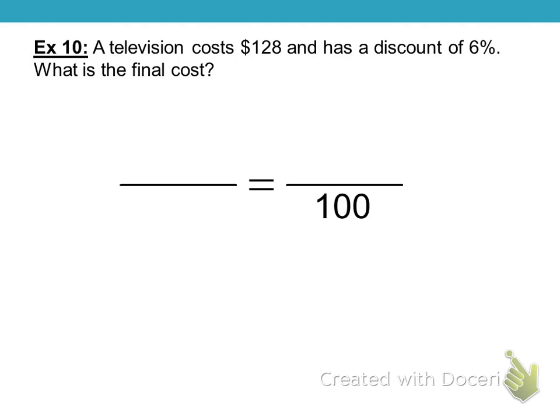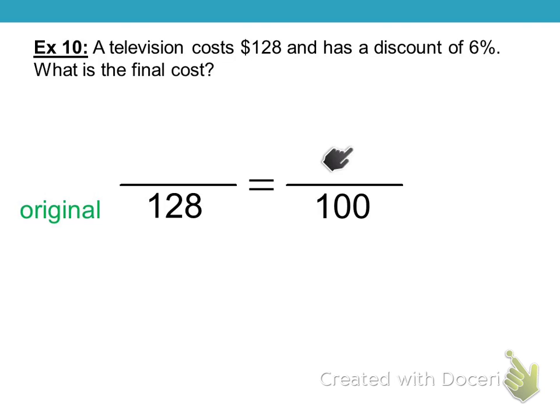Okay, so the original goes on the bottom. So what's going down there? 128. Okay, now I am asked to find what is the final cost. So if I want this to be the amount I pay, this needs to be the percent that you're paying.